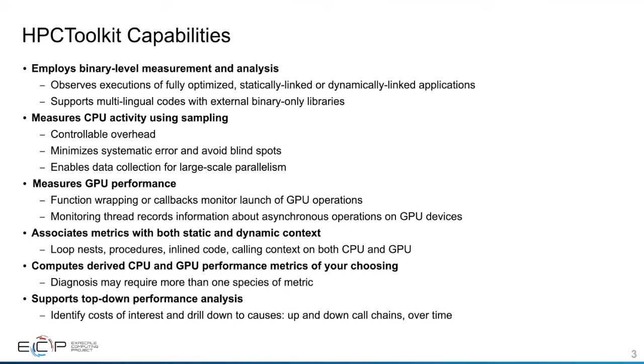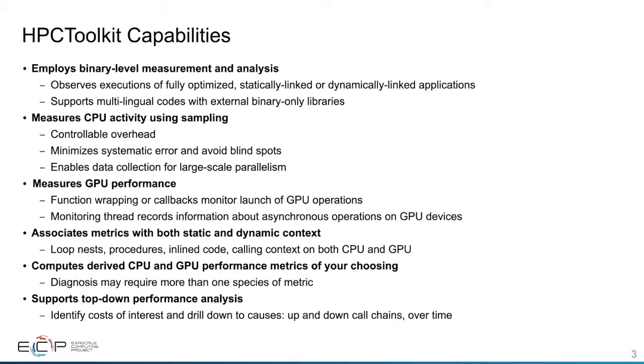So HPCToolkit measures CPU activity using sampling. The advantage of sampling is it has controllable overhead, and it minimizes systematic error and avoids blind spots. So if you were just using source-based instrumentation and you instrumented your application, then you might miss all of the shared libraries that are loaded into the address space as the program executes.